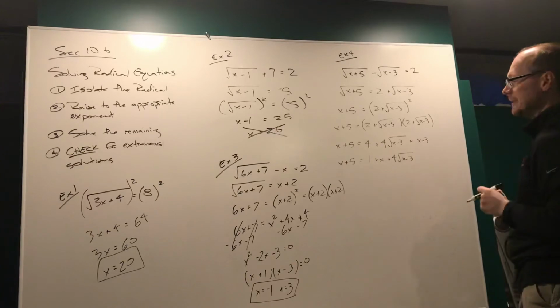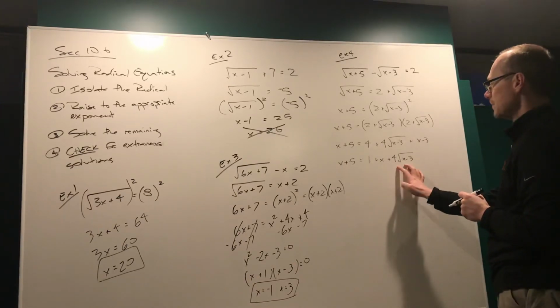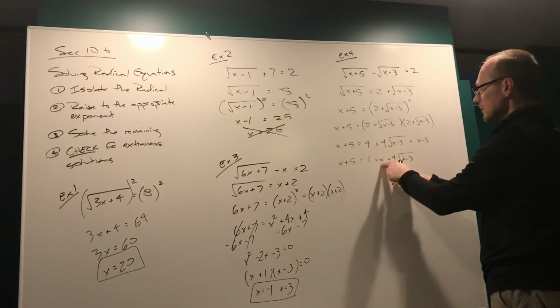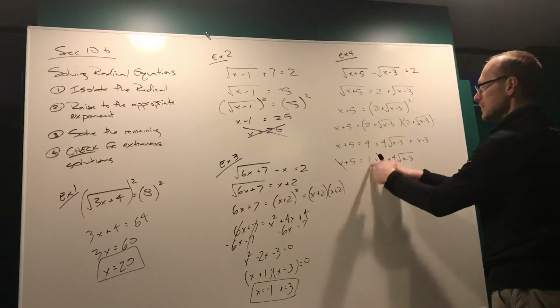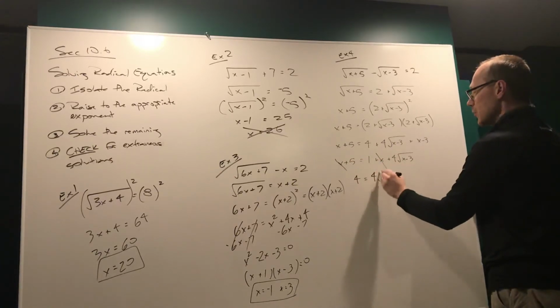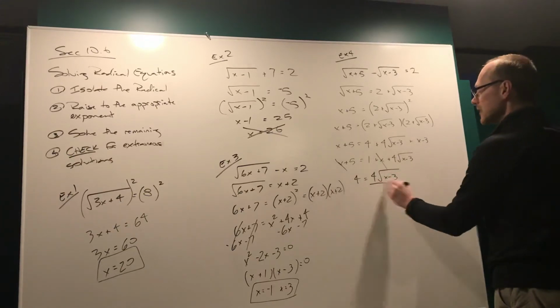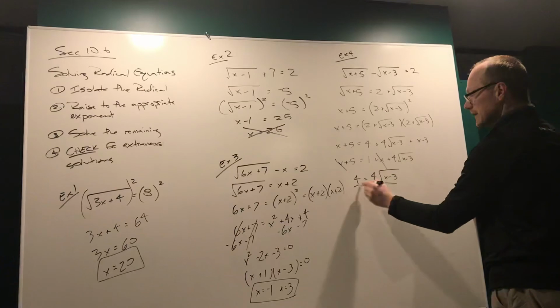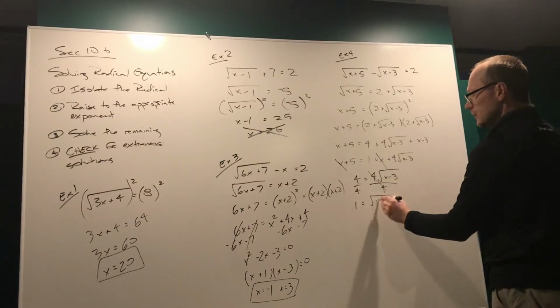So I kind of combined things together. Now I just have to isolate this thing. I'm going to subtract x from both sides. They cancel. I'm going to subtract 1 from both sides. I'll be left with 4 equals 4 square roots of x minus 3. Dividing both sides by 4 to again isolate this, I get 1 equals the square root of x minus 3.